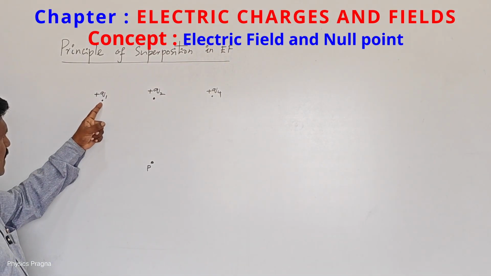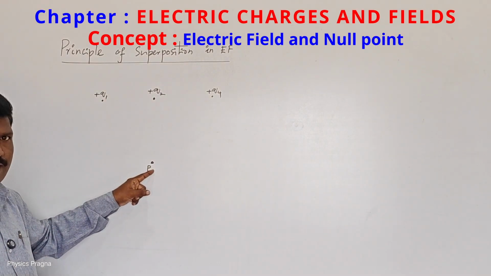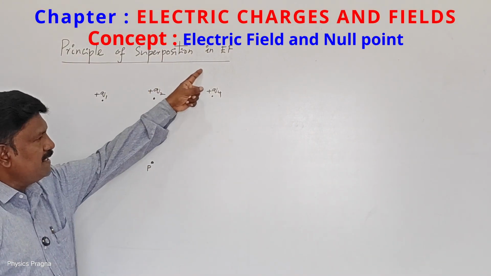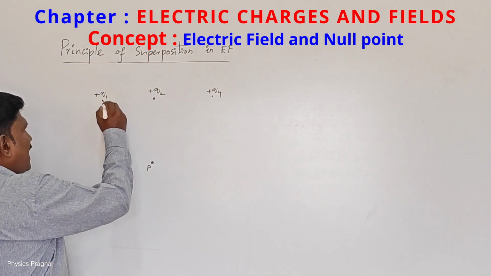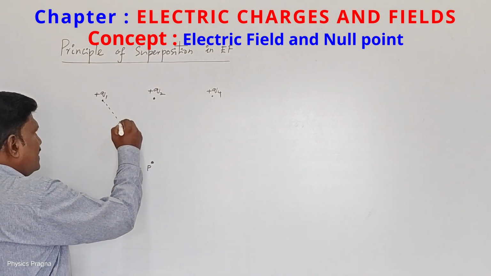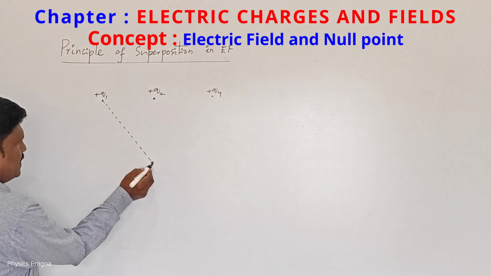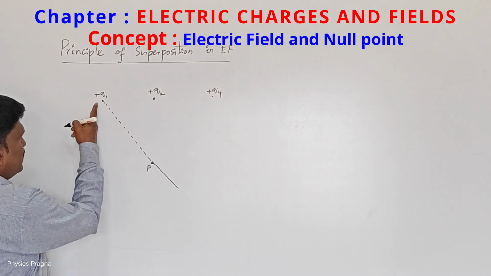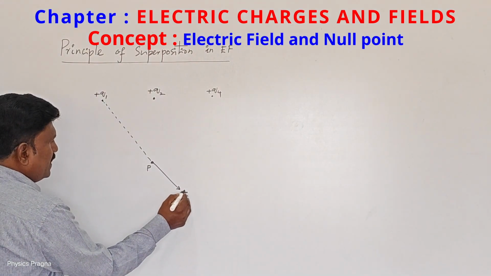See, the electric field due to q1 at P is independent of the electric fields created by other electric charges. This electric field also acts along the line joining the centers. So this is P. In this direction, this is a positive charge, so the electric field will be radially going outside.